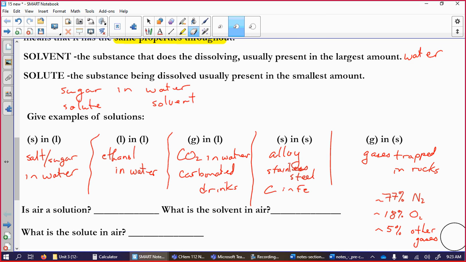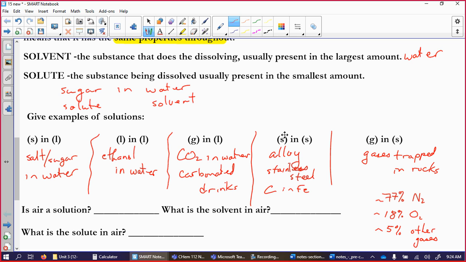Other gases include carbon dioxide and methane, and argon has a surprisingly higher percentage in air. So is air a solution? Well, if we think about it, it can be considered a solution.